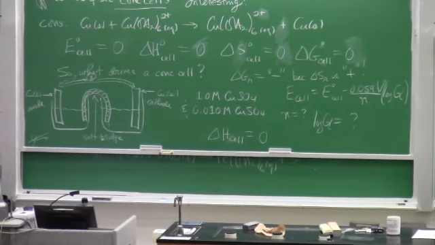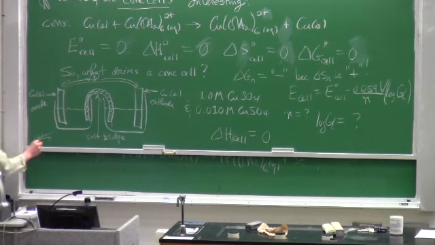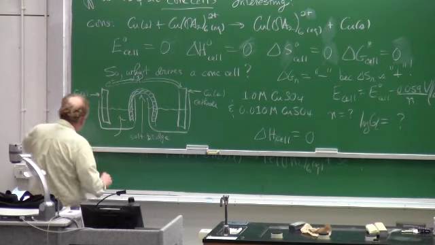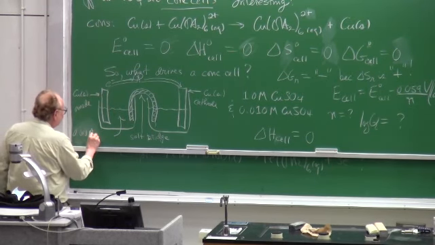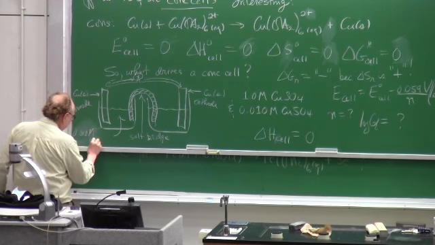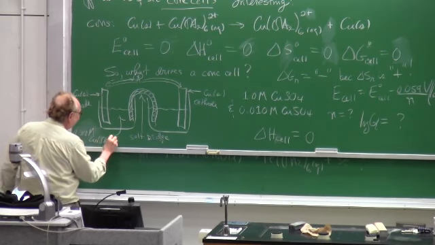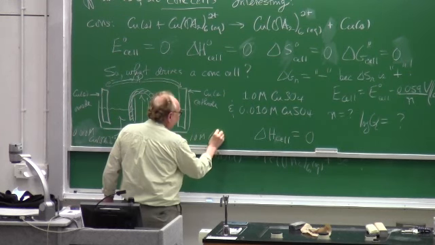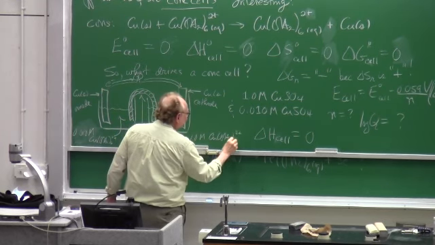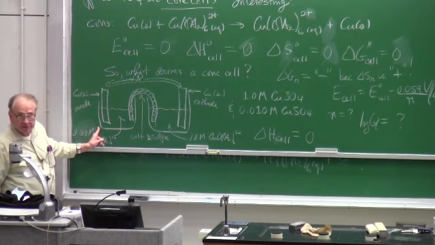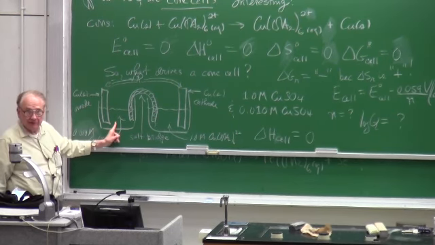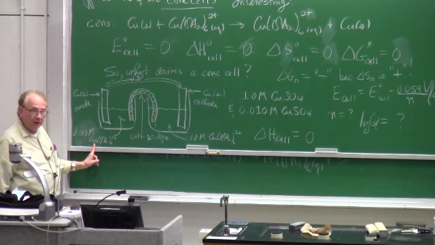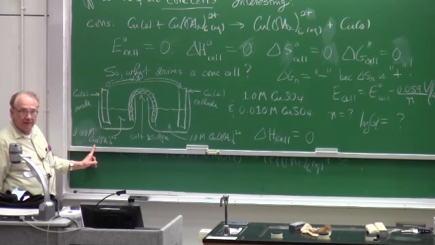Because as oxidation occurs, which is what occurs if this is the anode half cell, as oxidation of copper occurs to become hydrated copper ion, what happens to the molarity of initially 100th molar copper ion?